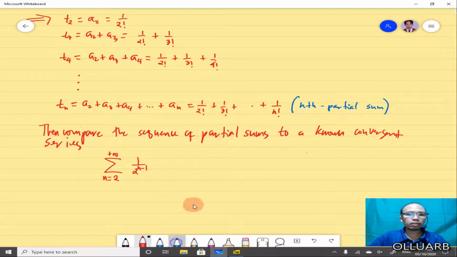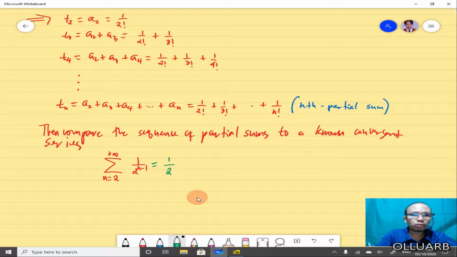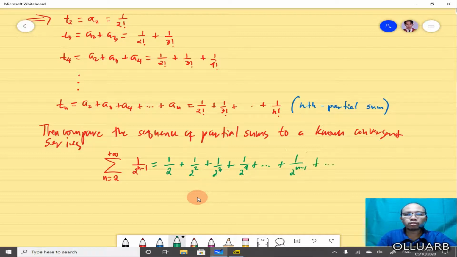So let's try to expand this and see if that's really the case. When n starts at 2, we have 1 over 2 squared plus 1 over 2 cubed plus 1 over 2 to the 4, and so on, 2 to the n minus 1, and so on. When n is equal to 2, 2 minus 1 is 1, so we have 1 here. When n is equal to 3, 3 minus 1 is 2.